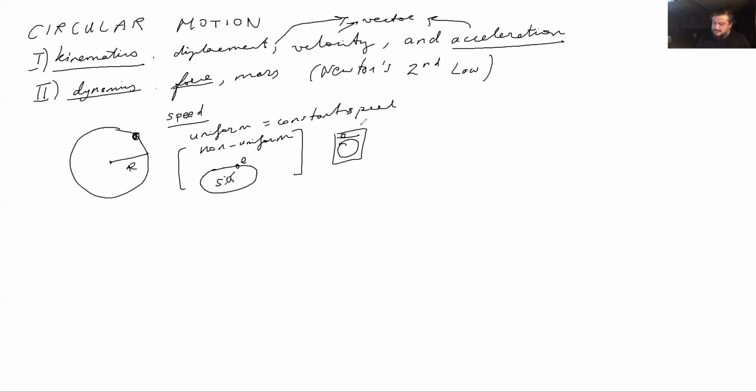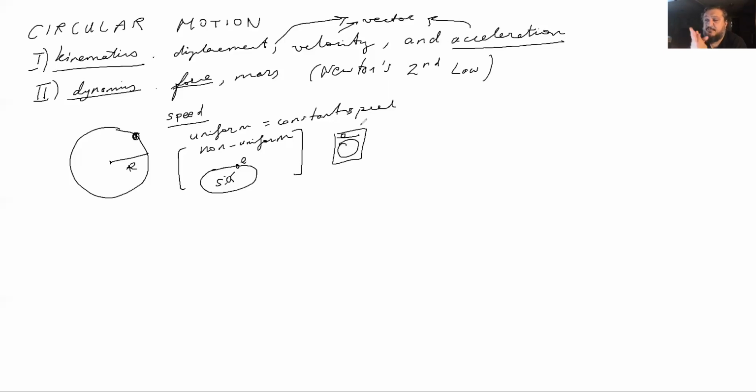That's actually not today's topic. We're only thinking about point particles, all right? When I said moon around the Earth, well, if you compare the distance between the moon and the Earth and the moon's radius, the moon's radius is much smaller, right? So you can think of it as a point particle. So that example is okay.